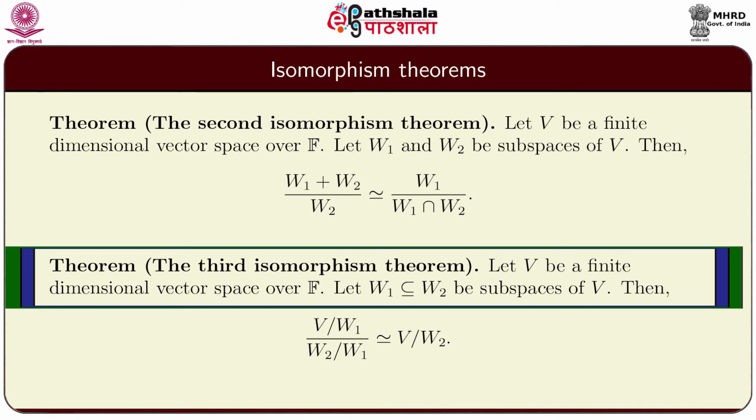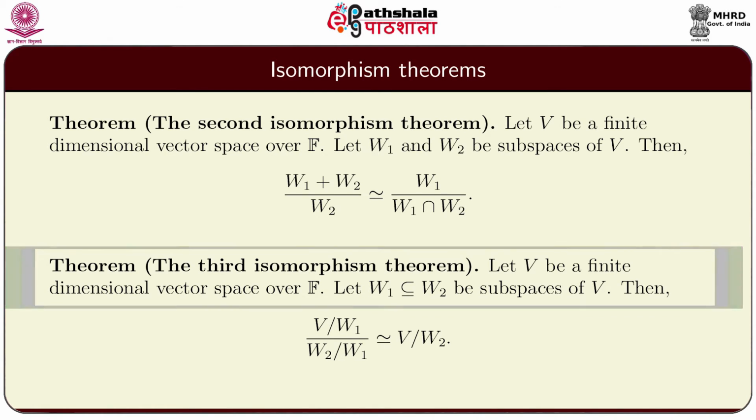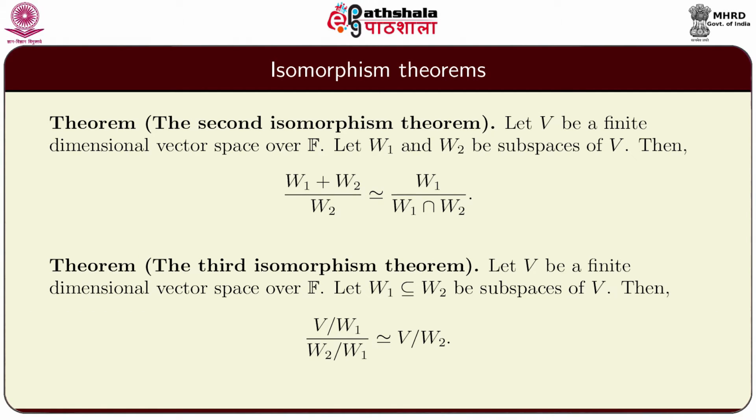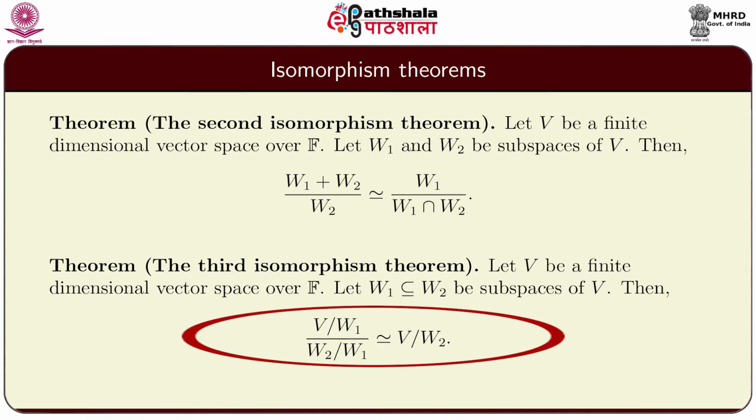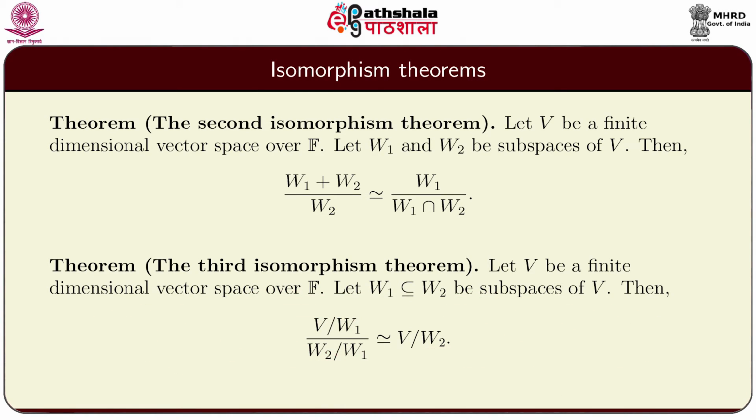And the third isomorphism theorem says that if V is a finite dimensional vector space over F and W1 contained in W2 are subspaces of V, then V quotient W1 quotient W2 quotient W1 is isomorphic to V quotient W2.